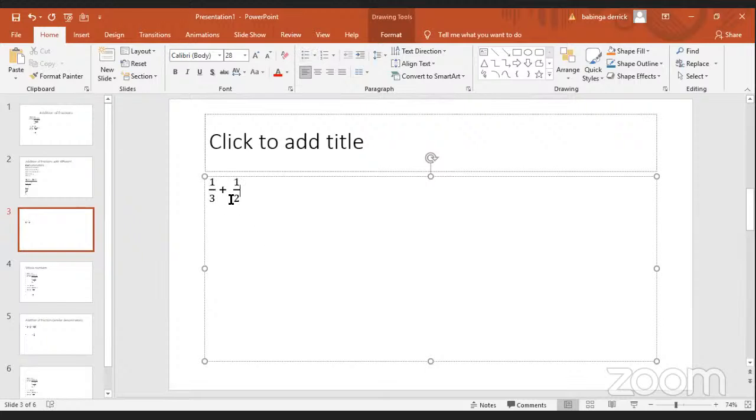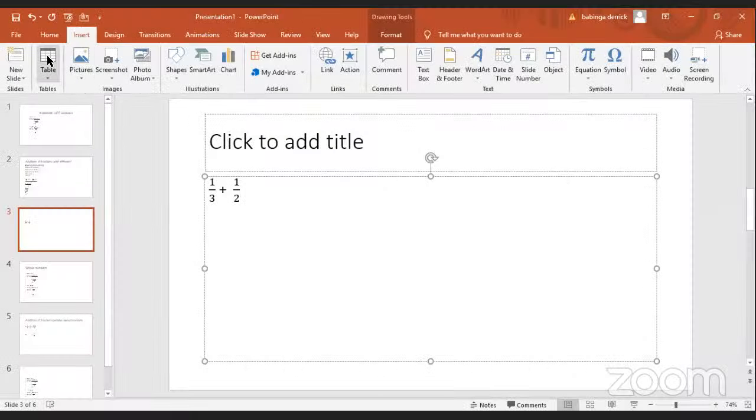So for method 2, we apply cross multiplication.